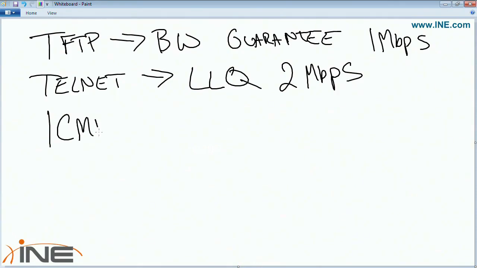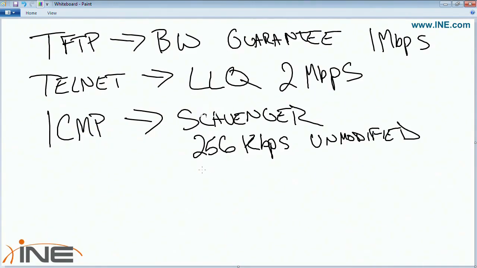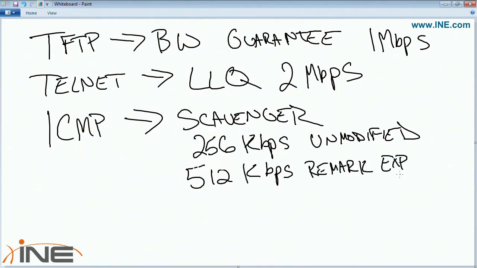Then the ICMP traffic, we'll say this is going to be our scavenger class. And let's say that for ICMP, we're going to accept 256 kilobits per second, and we're going to accept that unmodified. If you go over 256, let's say from 256 to 512, I'm going to remark this from EXP 2, which it currently is, from 2 down to 1.